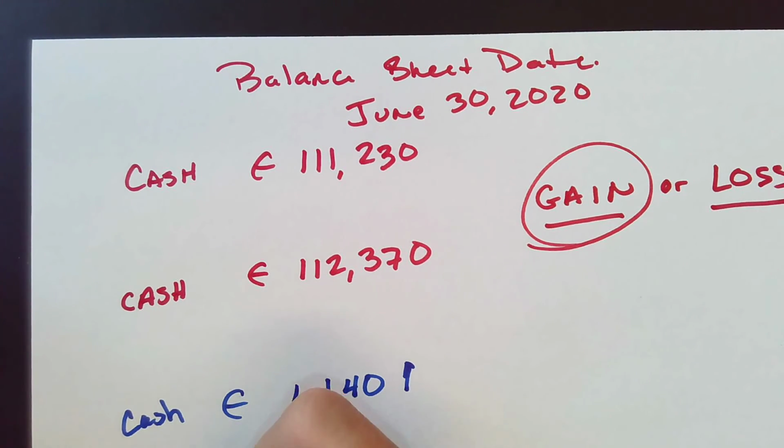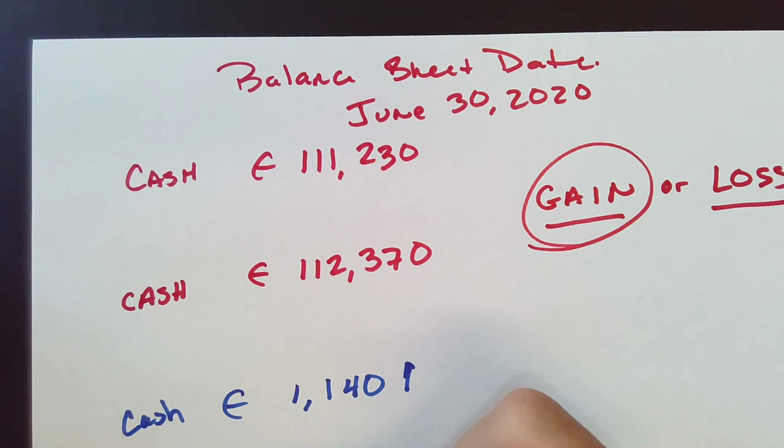And I'm also going to have a foreign exchange gain on FX of $1,140. And this is going right through the income statement.